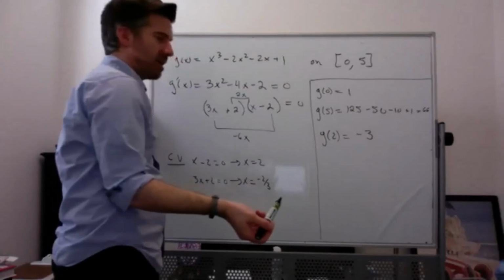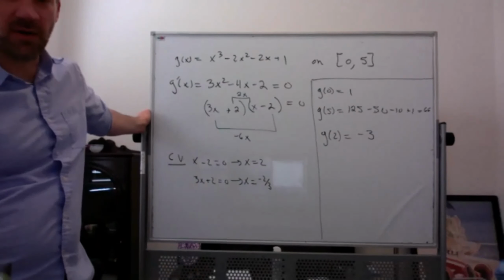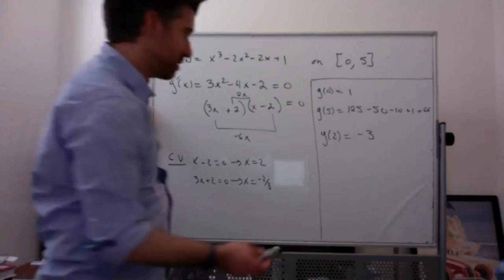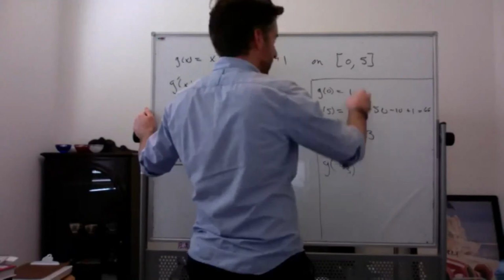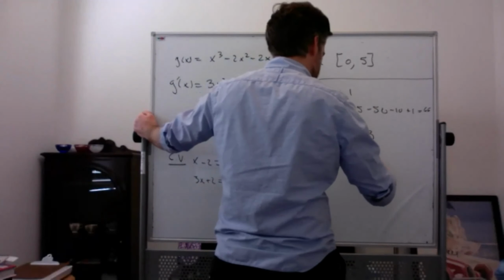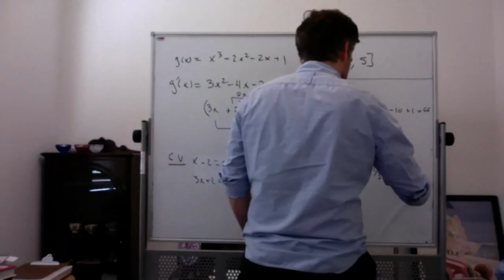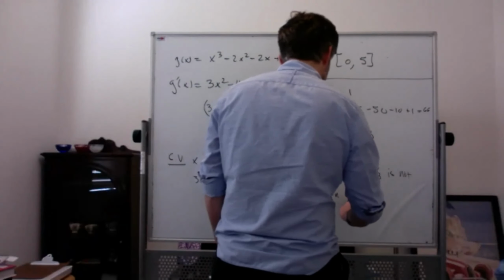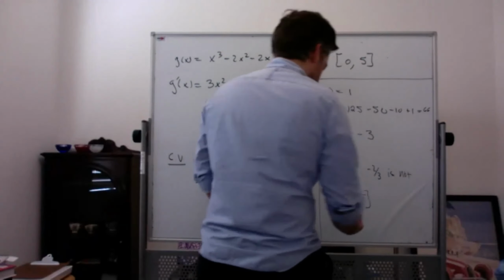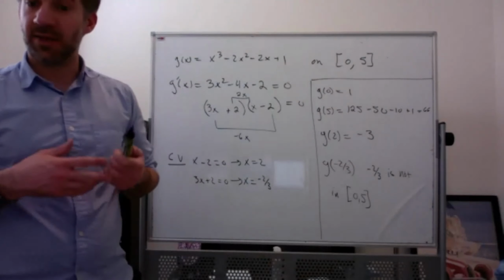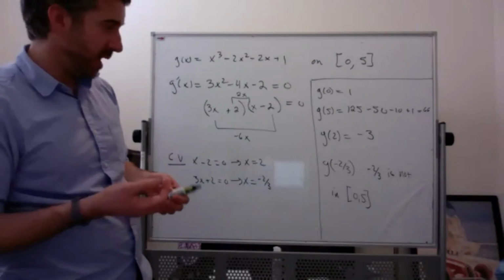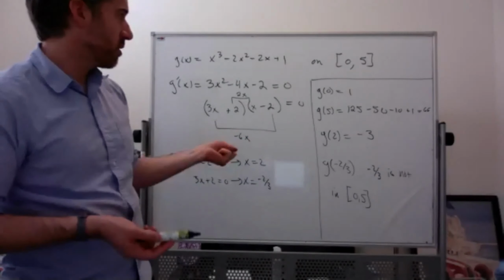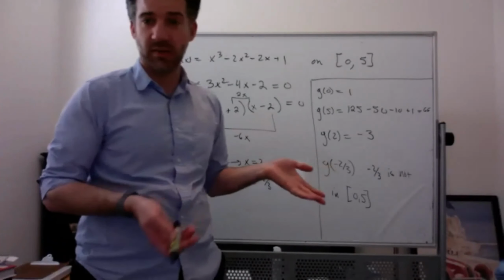And then lastly, I stop myself before I plug in negative 2/3, because negative 2/3 is not in the interval. So I don't even need to think about it. It's not something we have to consider. So make sure you're aware of that. The ones that aren't in the interval, we don't even worry about them.